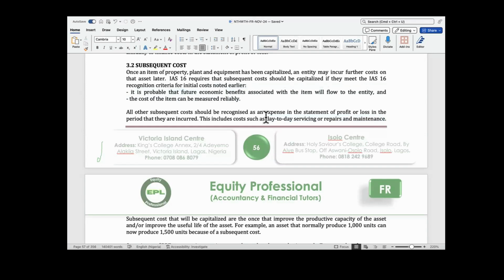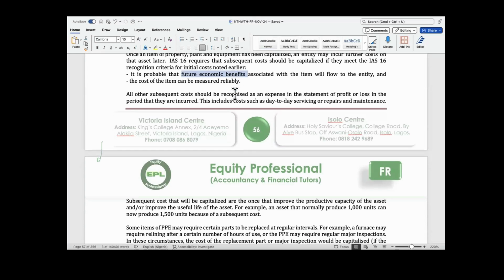That 5 years is provided you maintain it and service it when you are supposed to. If you don't maintain it properly, it will not last 5 years. So day-to-day servicing or repairs and maintenance are just a necessity to ensure that the asset reaches its target limit. If you don't do it, it will not. Those kinds of costs don't generate any additional future economic benefits. It's just ensuring that the future economic benefits they should originally generate, they are generating.